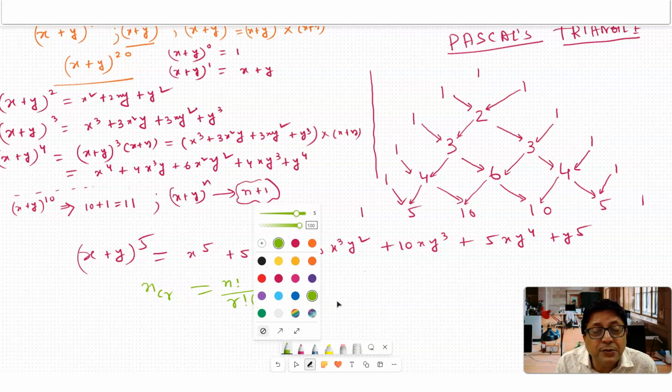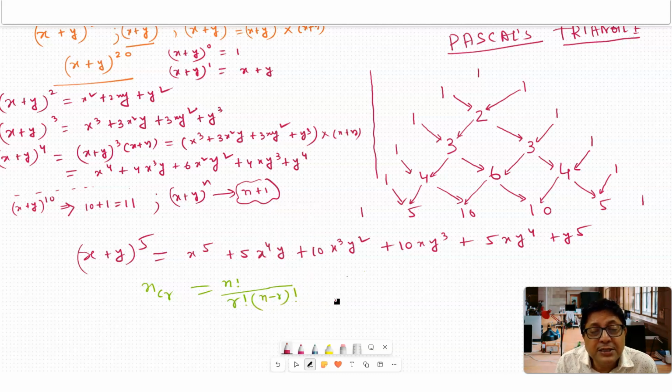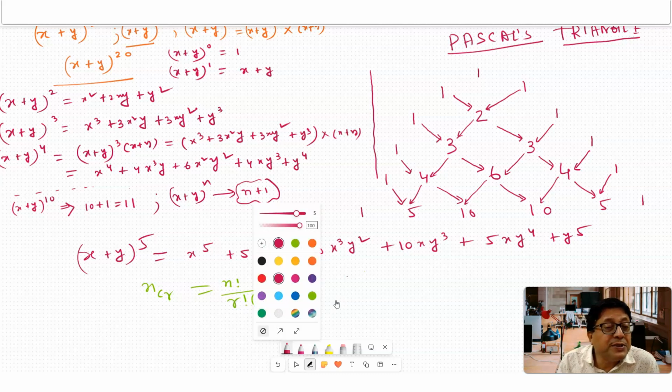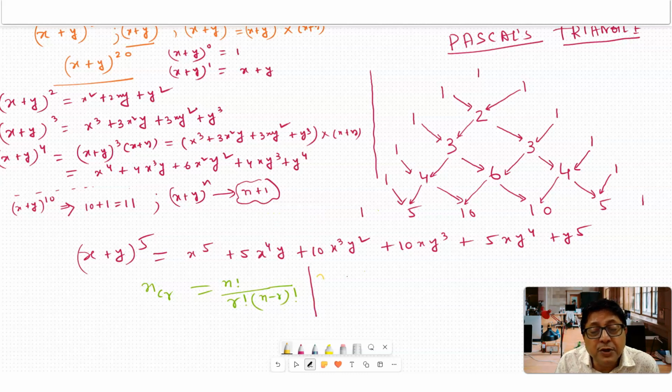We have planned to write all these for r equal to 1 to 3, and then you will check whether all those coefficients can be written in terms of the binomial coefficient like NC1, NC2, NC3 or not. So let us write the values of a few first. NC1, by using this formula, is n.